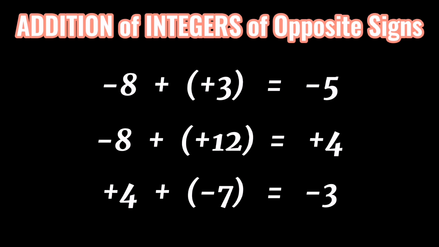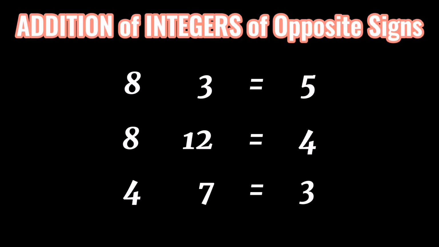Let's focus on their absolute values. Think of them as the numbers you've dealt with in your earliest days in elementary. So it's like we only see 8 and 3, 8 and 12, and 4 and 7. We disregard their signs. For the first one, we have 8 and 3, then the answer is 5.